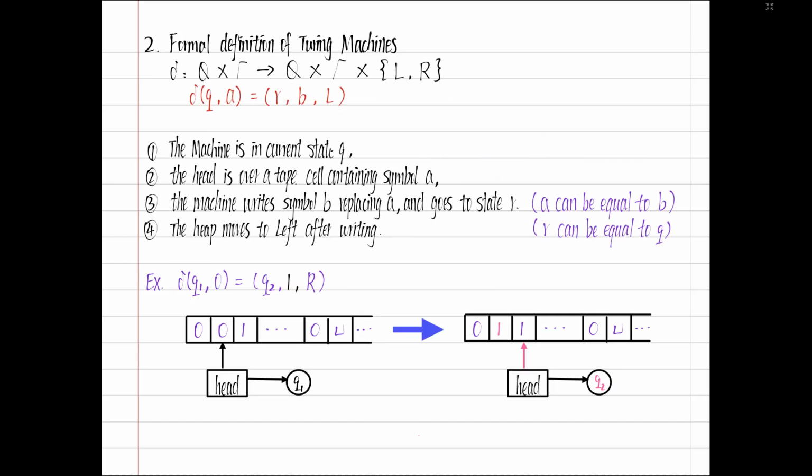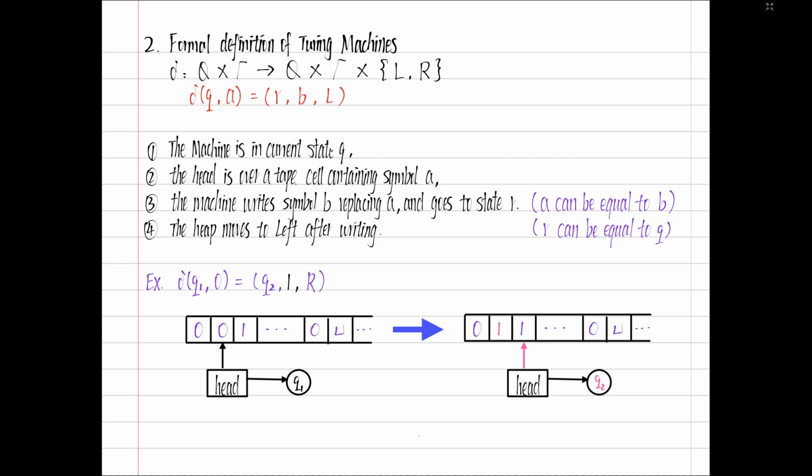Now let's take a closer look at the transition function. The transition function is deterministic, just like DFAs. If the transition function maps a tuple Q, A to a tuple R, B, L, the meaning of that is the machine is currently at state Q, the tape head is over a cell containing symbol A. According to the mapping, the machine writes symbol B replacing A on the tape, and it goes to state R. After writing, the head moves to the left.